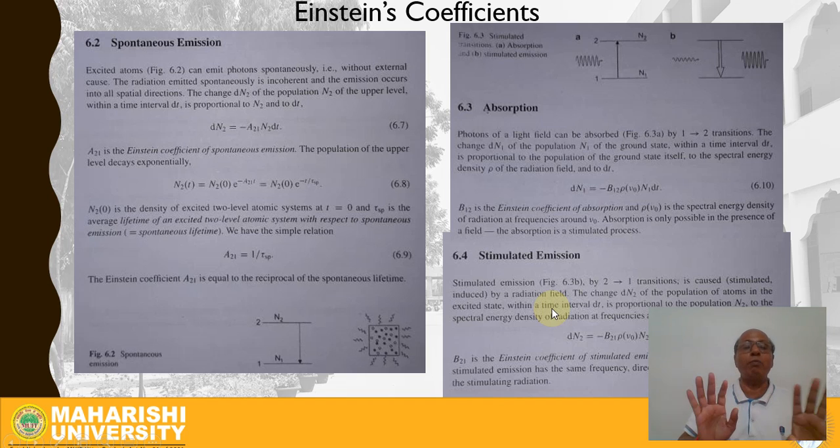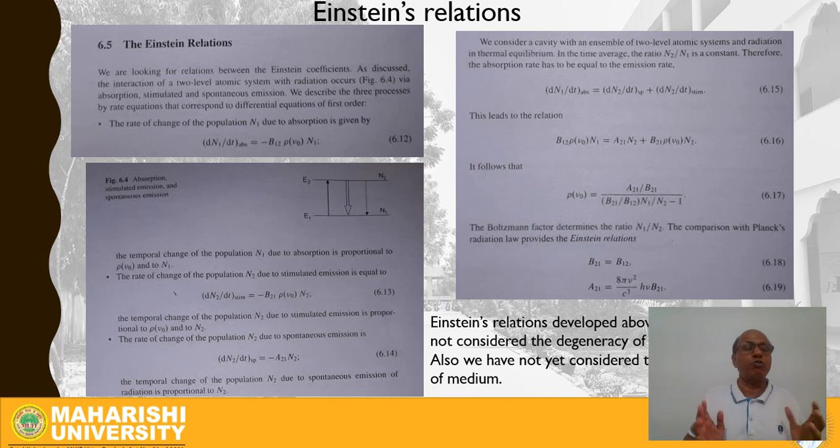So now we know about the three Einstein coefficients. Now we have to develop the relation between the three Einstein coefficients. So let's start. Let's take the first case, and before doing that, we have to develop a relation of transition rate.